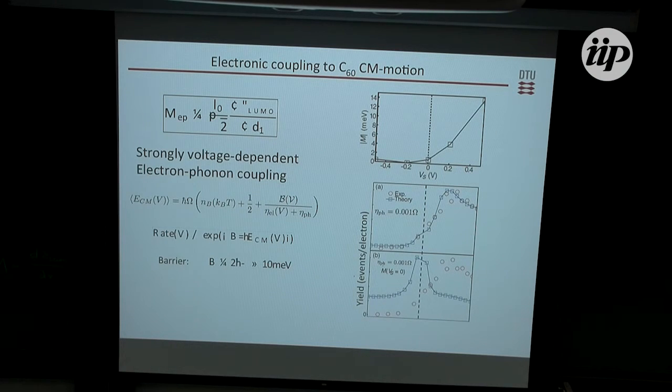And this is, of course, very bias dependent, so we can extract that from our DFT calculation. And then we can do a simple heating model where we just have one fitting parameter, which is the coupling of this vibration to the phonons in the tip and electrode, and then we can fit the experiments quite nicely.